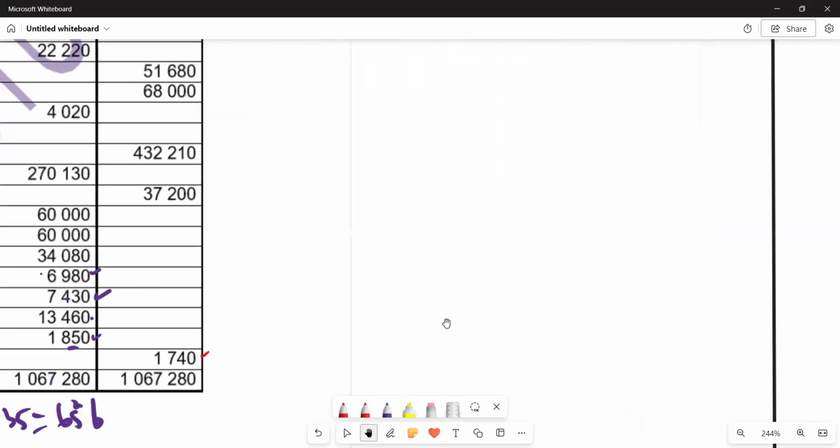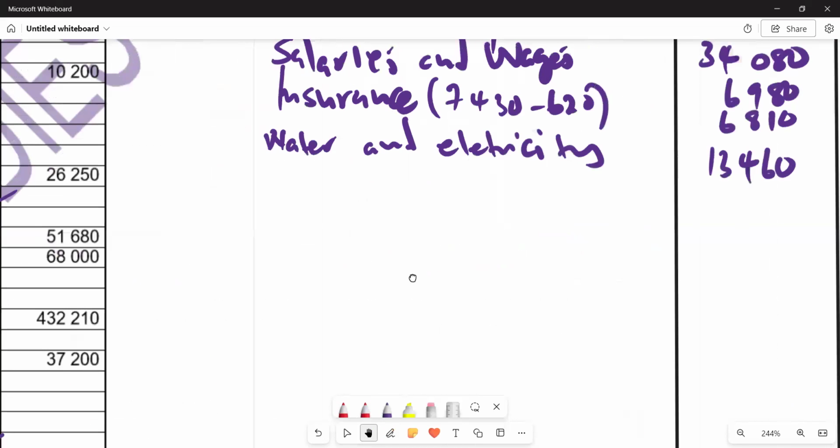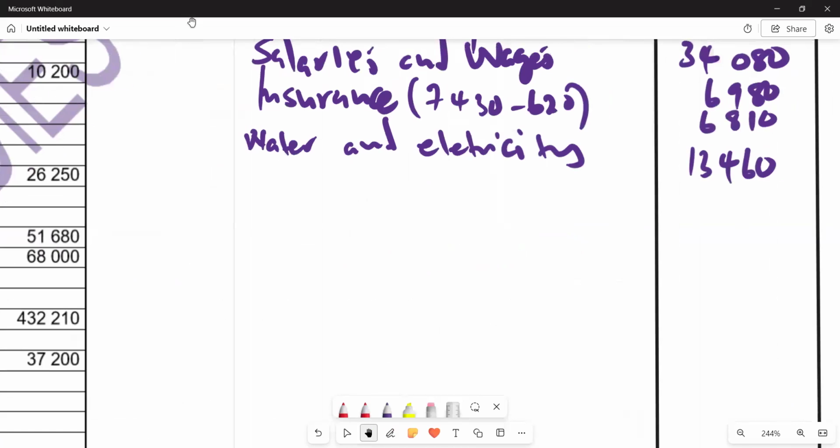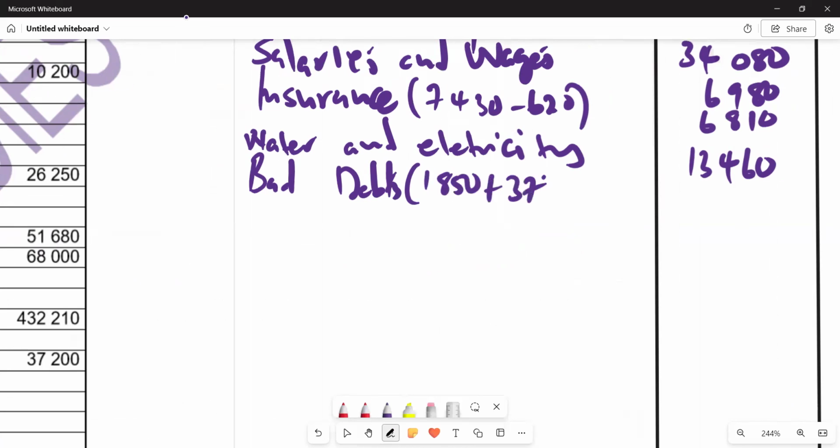So here we are saying bad debts, you are having an amount of 1,850, and then we add 377, and then the total amount that we're going to get is 2,227.